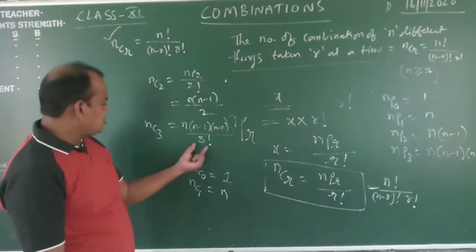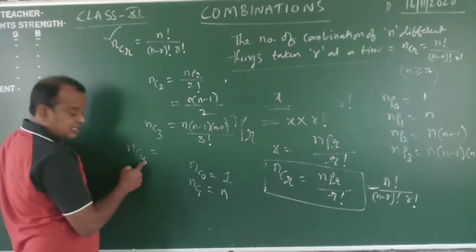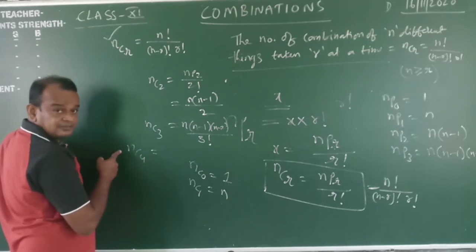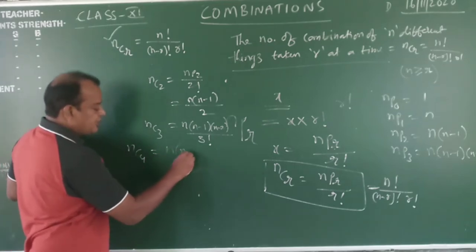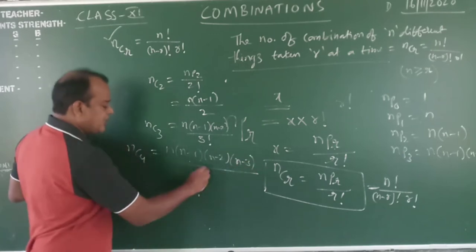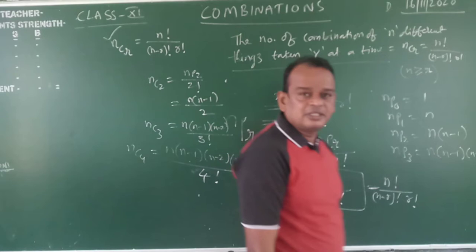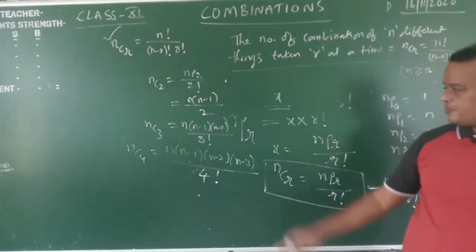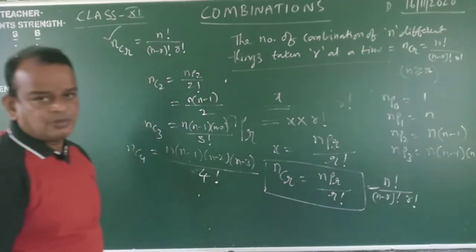Okay, my dear students, simple. nC4 means the product of 4 factors starting with n by 4 factorial: n into (n minus 1) into (n minus 2) into (n minus 3) by 4 factorial. I hope you understood. In this simple way, we will do the problems.